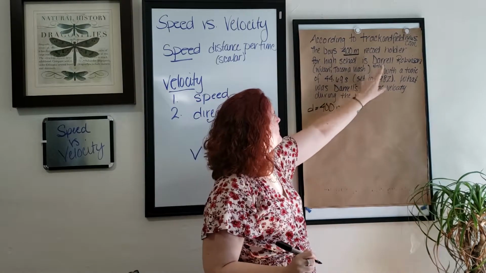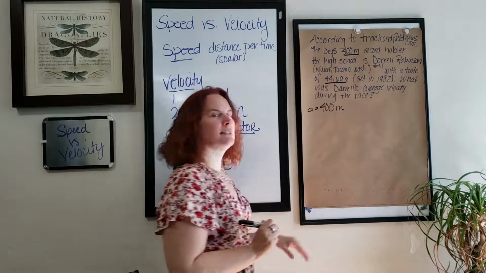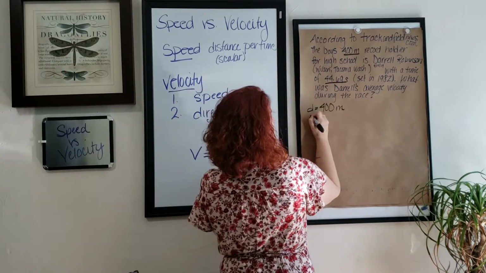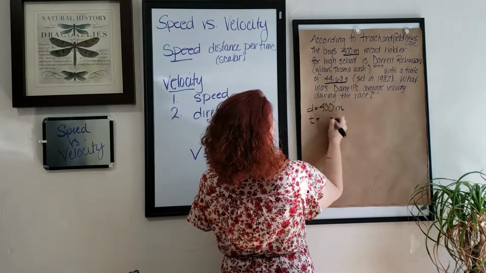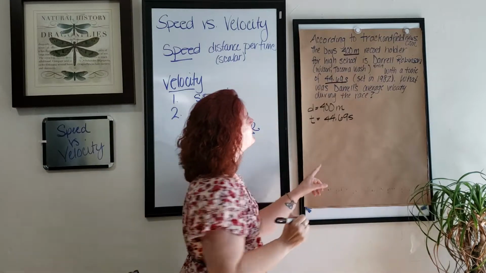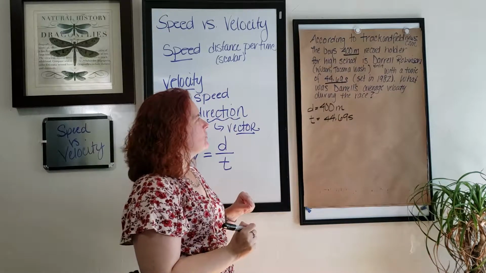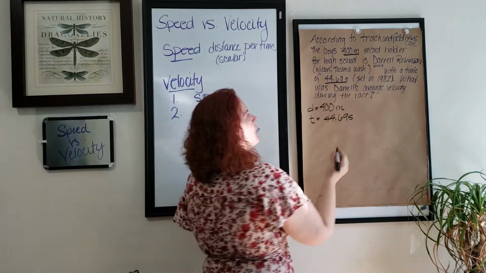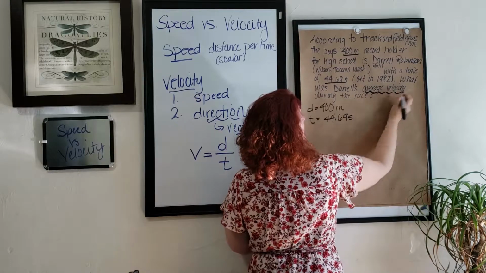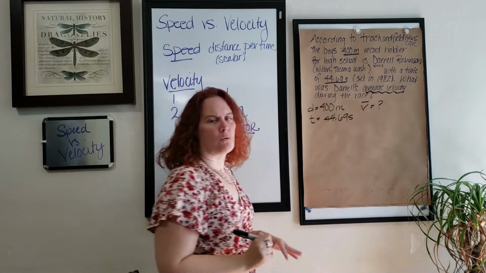Okay, Daryl did that distance. Here we have 44.69 seconds. Okay, we have a T. Wonderful. What was Daryl's average velocity during the race? This is what we want to find out. So our velocity is what we're trying to find.